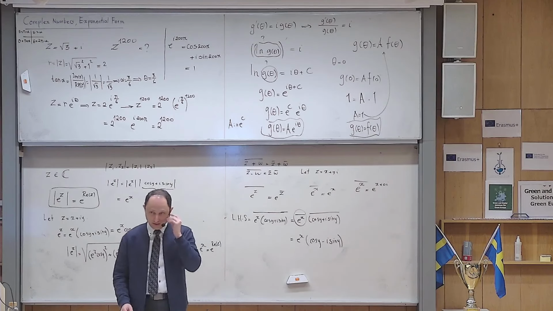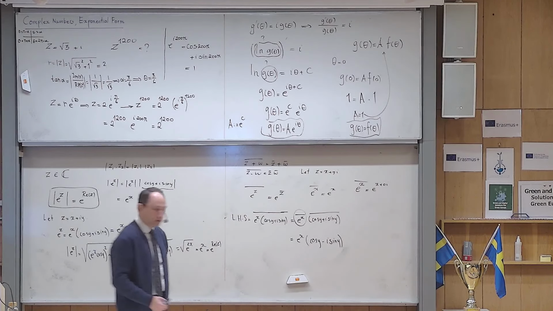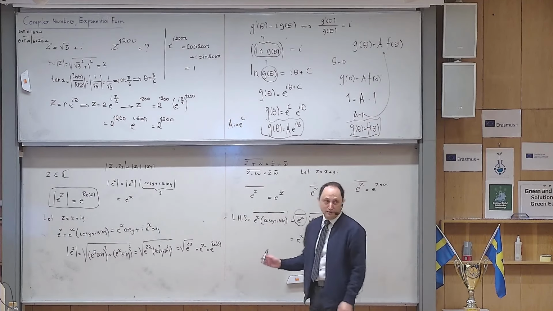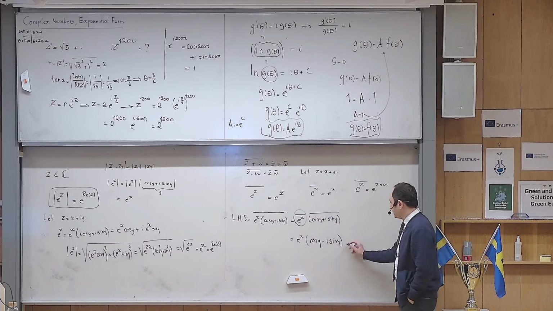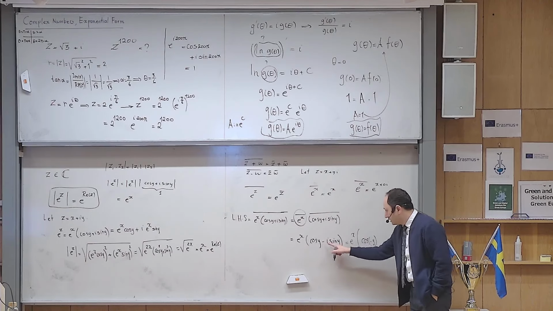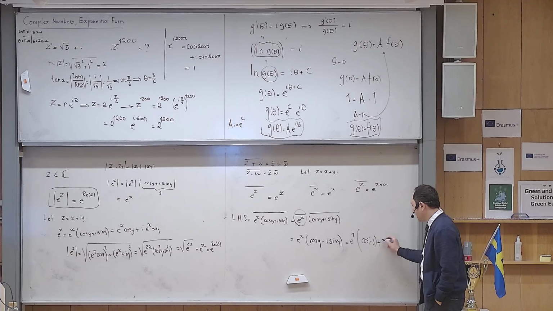Turn cos y to cos minus y, yes, exactly, because I want to absorb this minus sign. In the De Moivre formula, I do not have a negative sign, so I have to get rid of that minus sign. So it is e to the x, and instead of cosine y, I can write cosine minus y. And instead of minus i sine y, I can write plus i sine of minus y.